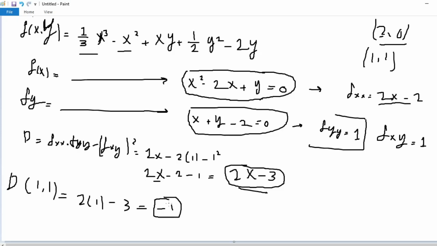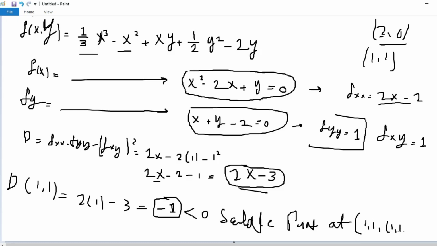As we said, if the discriminant is less than 0, you have a saddle point. Saddle point at (1, 1).